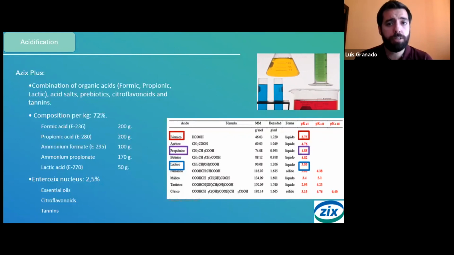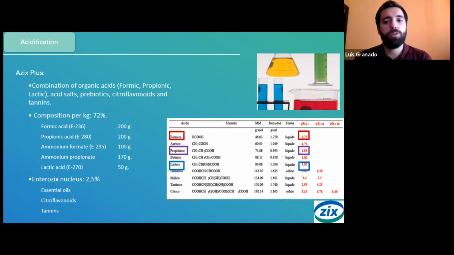The ammonium formiate and the ammonium propionate, right? The salts, they act as acids as well, and they have different pKs than the acids where they are coming from. So as a result, we will have a product with quite different substances with different pKs, okay?